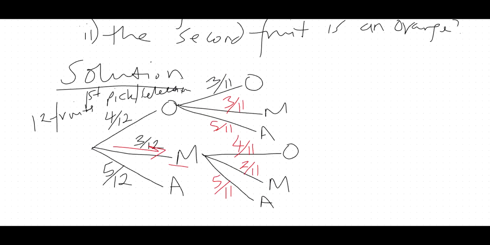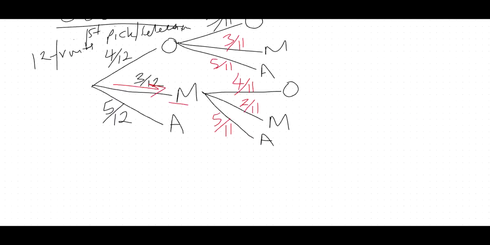Now, we move. If the first fruit is now an apple, then what is the probability that you either observe an orange, or you pick a mango, or you pick another apple there?